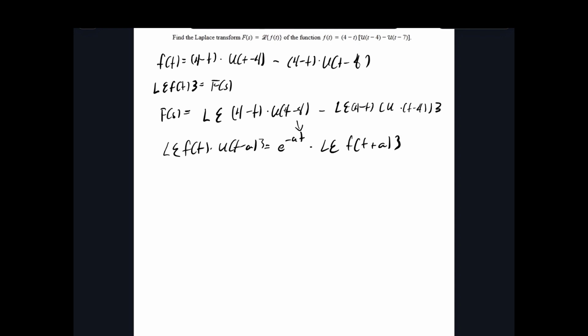I made that formula up just now to see if it works out. You keep f at t as this whole part, bring the e out with the a as the exponent, add it in, and then continue the Laplace like that.